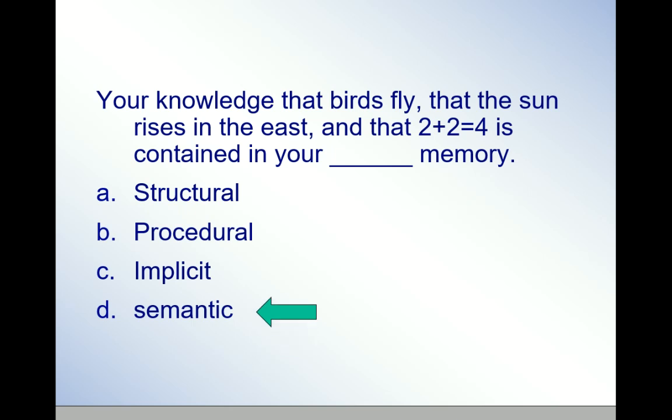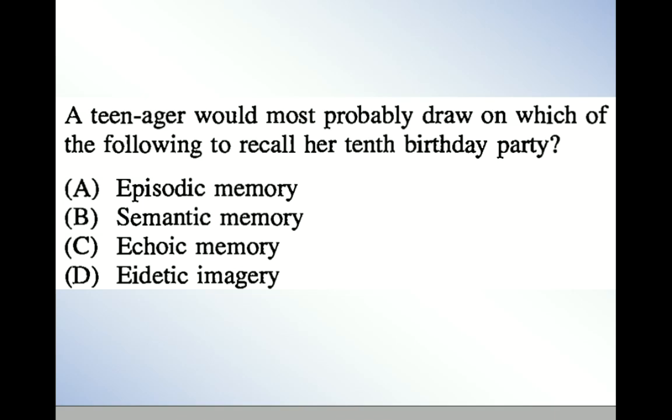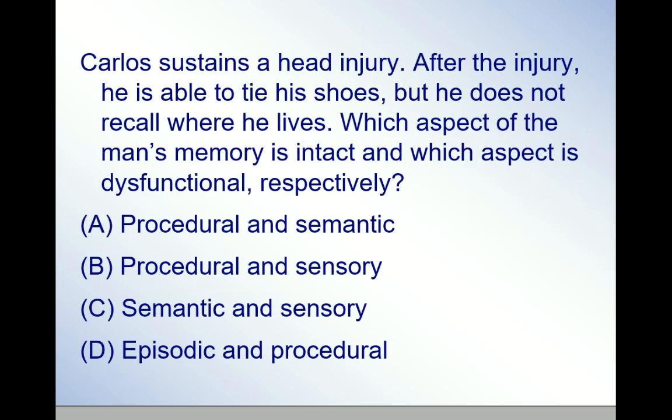Knowledge, facts, semantic memory. All right, 10th birthday party. The answer is episodic memory. That one day, that's an event. Episodic memory. All right, read that. The answer is, all right, tying your shoes, that's procedural memory. Knowing where he lives, that's semantic memory.